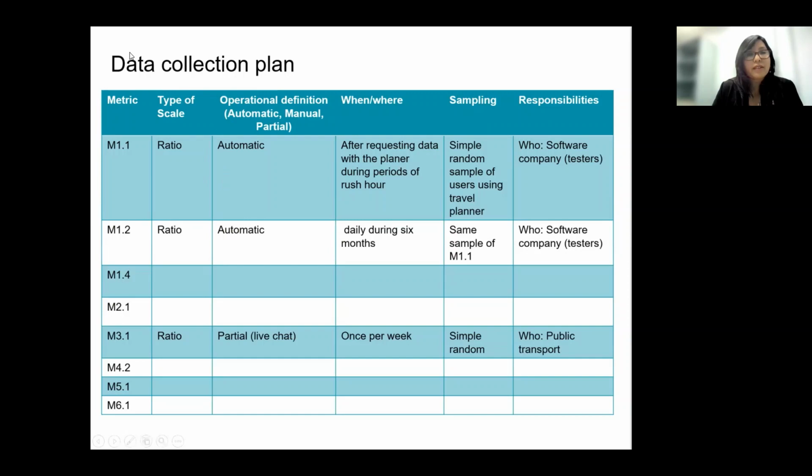Automatic means that we are using any kind of tool that will help in getting some of these metrics. For example, eye tracking is an instrument, a kind of tool, that helps collect some metrics automatically.